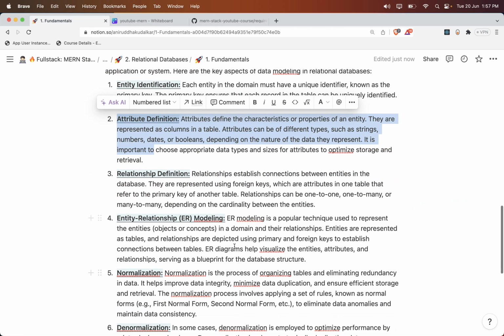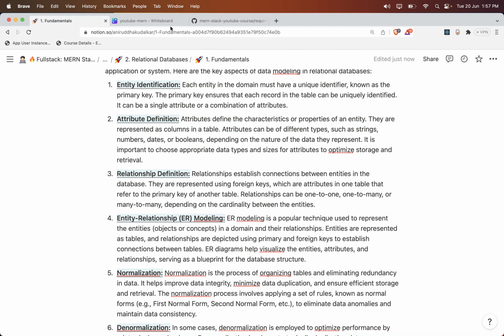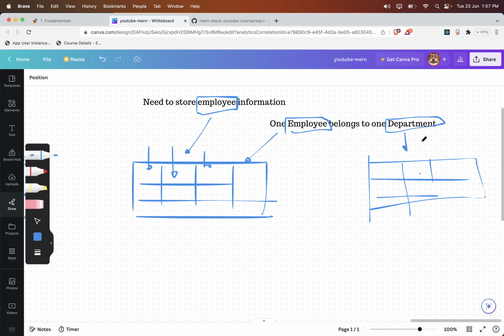The next thing, relationship definitions. Here if you see, one employee belongs to one department, which means that for every row in this table there would be a related row in the department table.